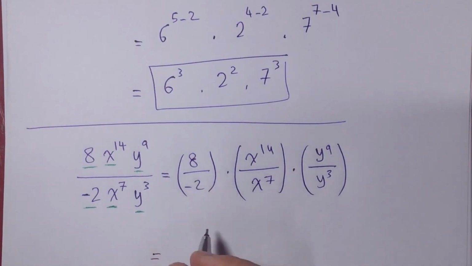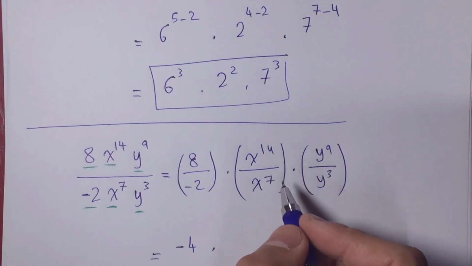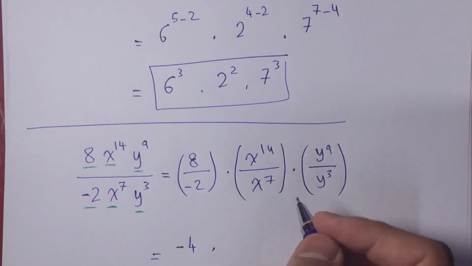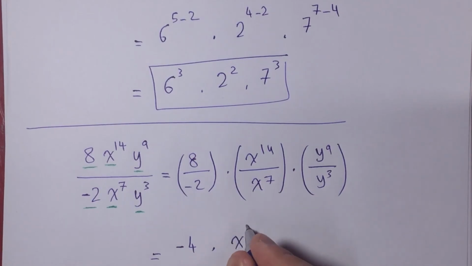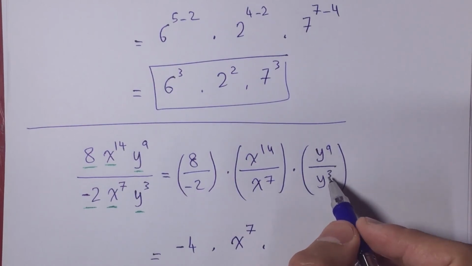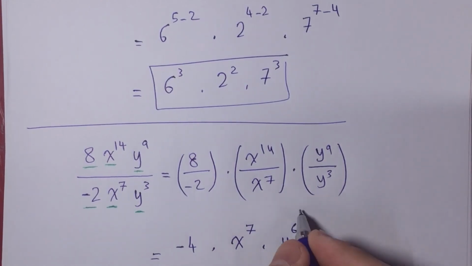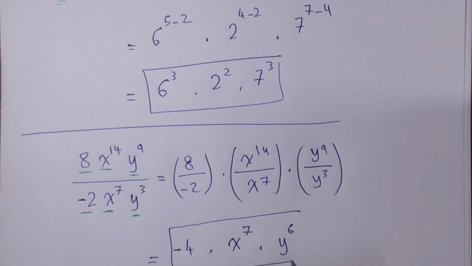We simply write negative 4 times, how can we calculate it? 14 minus 7, which will give us x to the power of 7, times y to the 9th minus 3 will give us y to the 6th power. So this will be our answer here.